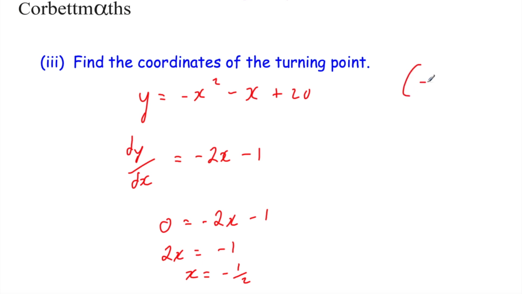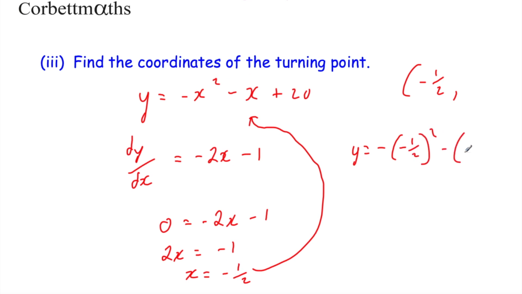So it's going to be -1/2, something. And to find that something, the y coordinate, we just need to substitute this back into the equation of the curve. We know that y is equal to this. So we're going to do y is equal to minus, and then -1/2, the x coordinate, squared, minus, and then in brackets -1/2, and then plus 20.